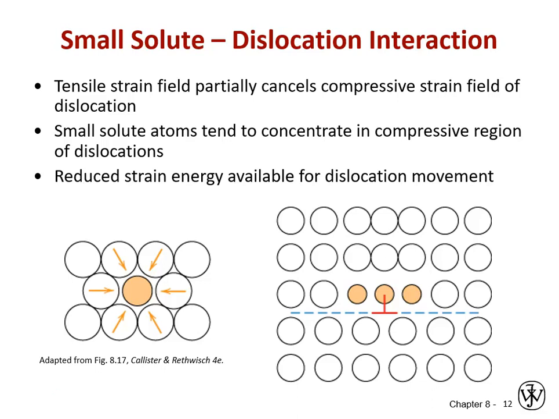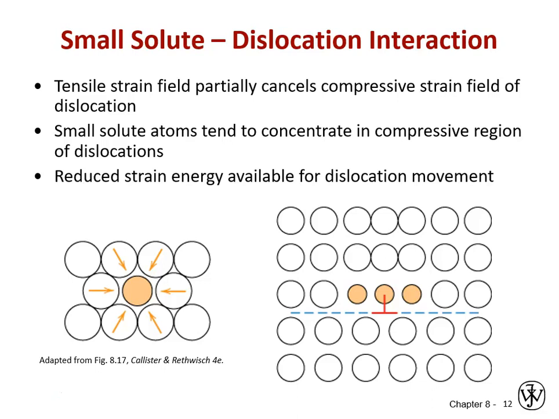So here's some schematics that give us a little bit more of an idea of how these strain fields interact. Say you have a solid solution alloy where you've got a smaller solute atom on a lattice position, and that's shown over on the left-hand side. You've got that small solute atom, and all of the bigger solvent atoms are pulling in because they are not at the equilibrium spacing that they want to be, so you've got a state of tension.